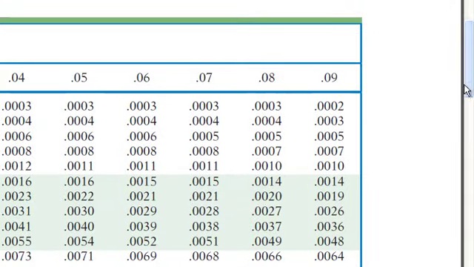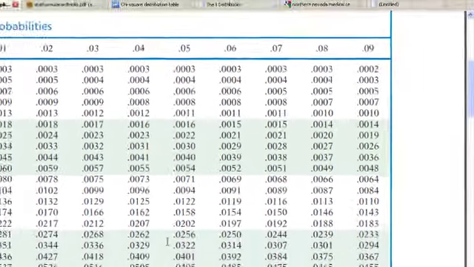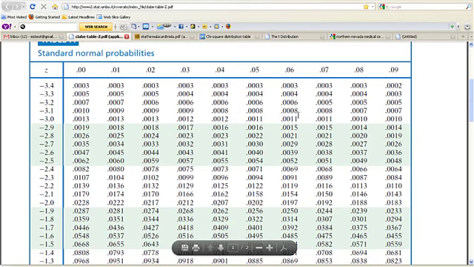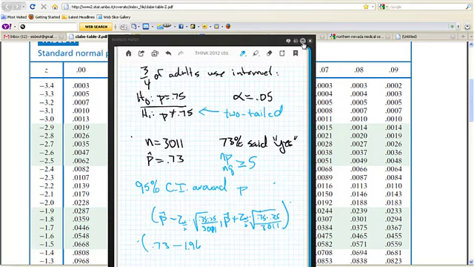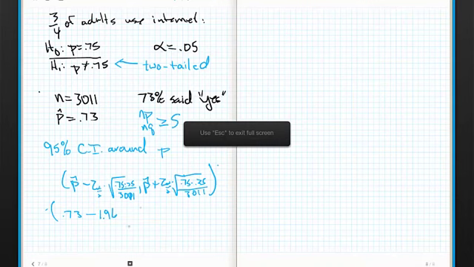Remember how this worked? 0.025 right there is negative 1.96 and positive 1.96. Because remember, sample proportions distribute themselves normally. Sampling distributions for proportions distribute themselves normally.